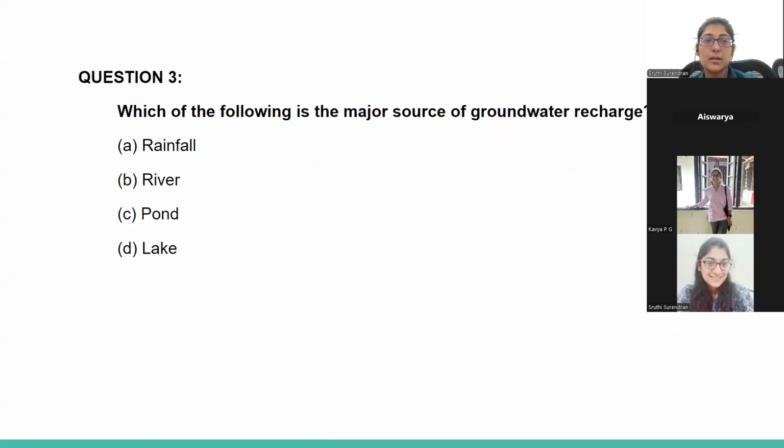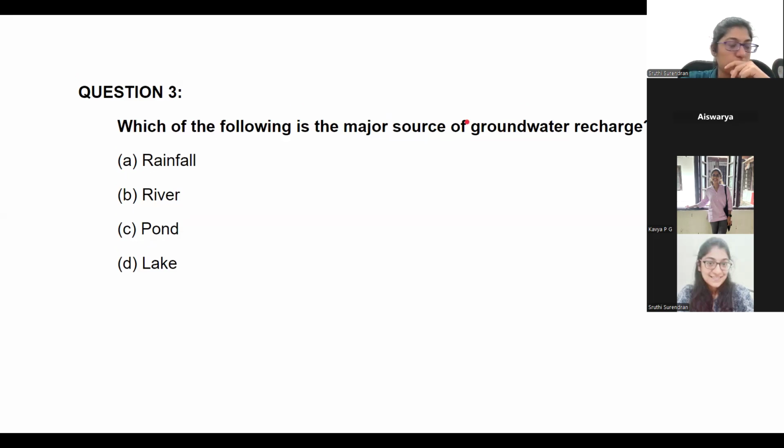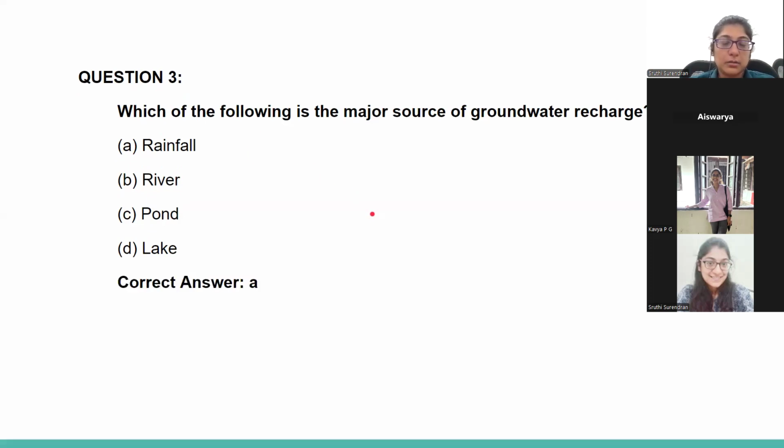Which out of the following is one of the major sources of groundwater recharge? Okay. So the answer is rainfall.